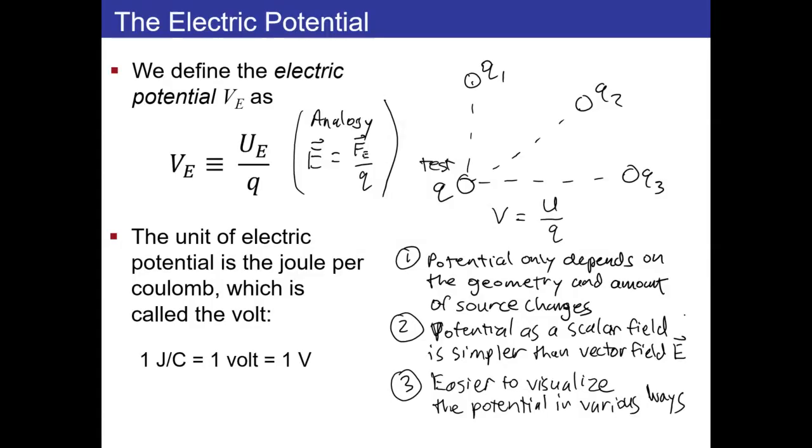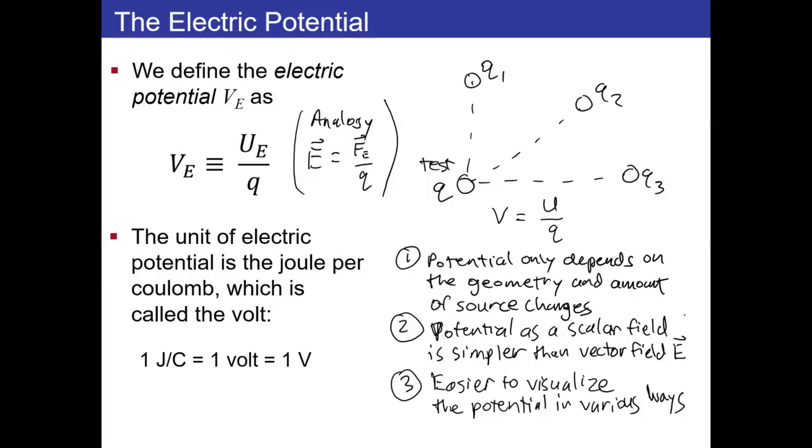Whenever you have a quantity, you typically have to have a unit to go with it. In this case, we know energy is given in joules in the SI system, and charge in this course is defined in coulombs. So if you take this ratio, 1 joule per coulomb, that is usually given a special name: the volt. So 1 joule per coulomb is 1 volt.